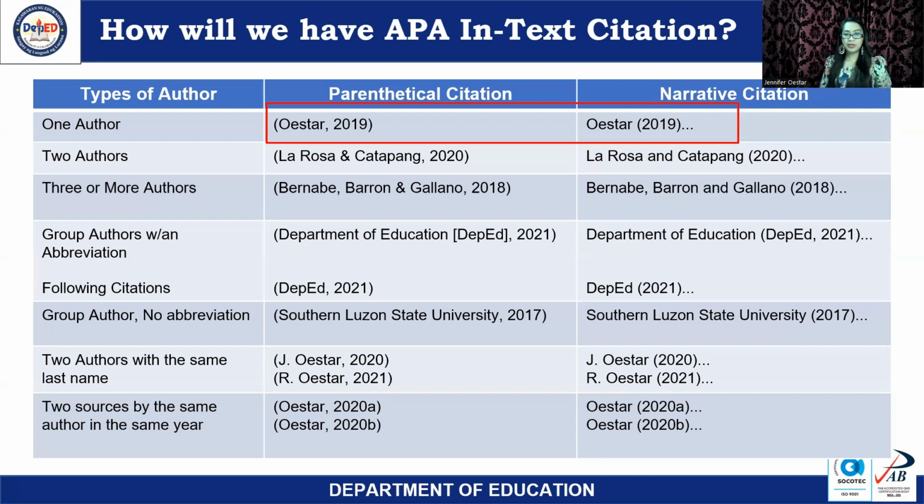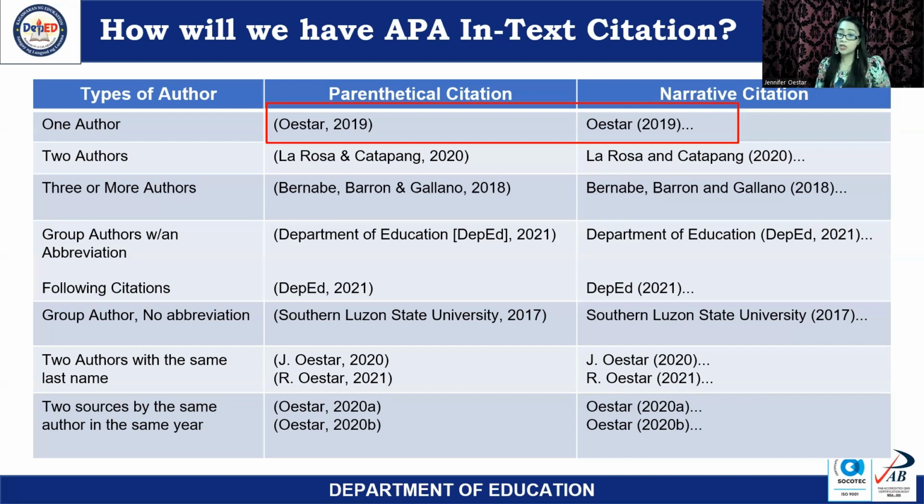For two authors in our manuscript, if ever we are citing references, La Rosa and Katapang, 2020. La Rosa and Katapang, 2020. Three or more authors. In parenthetical, we have Bernabe, Baron, and Galliano, 2018.